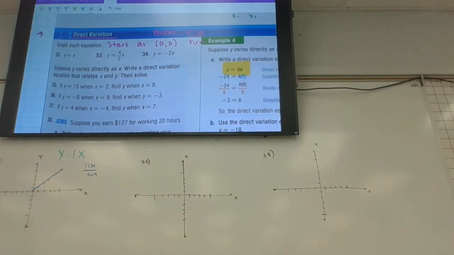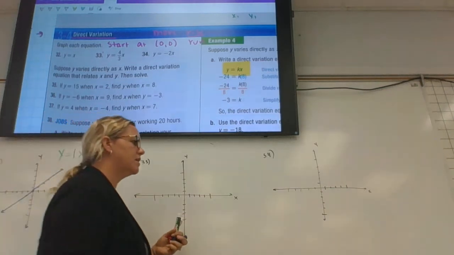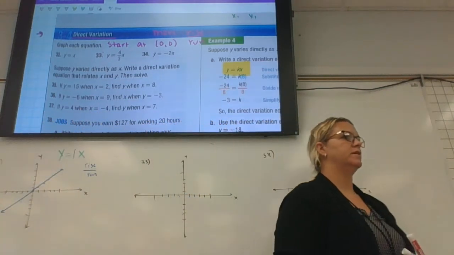Then you go right, and match the pattern the other way, going left and down. So all three of these are starting right in the center and doing rise over run.